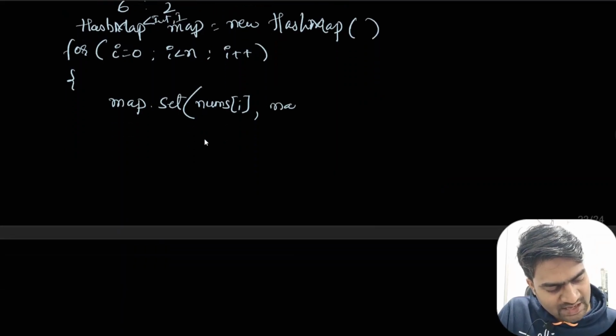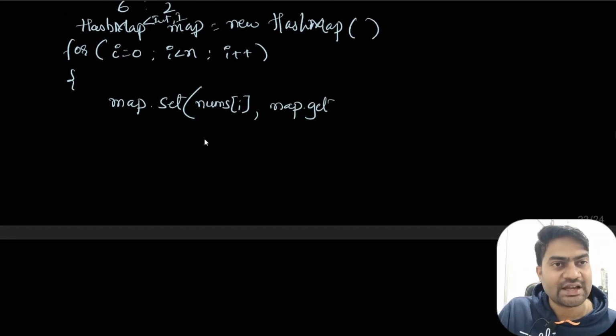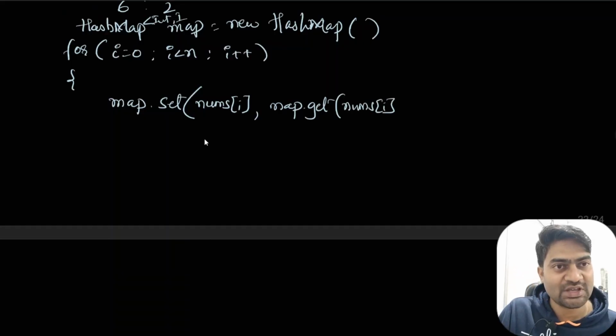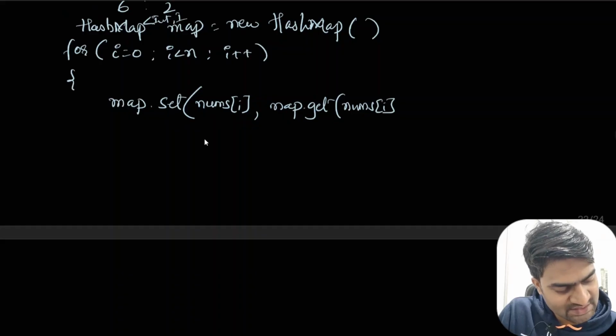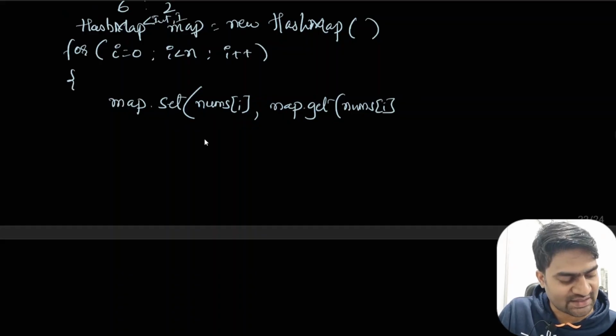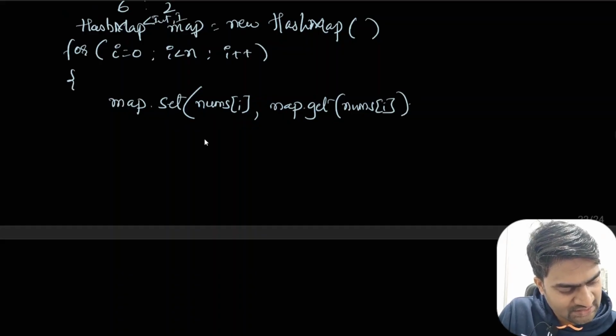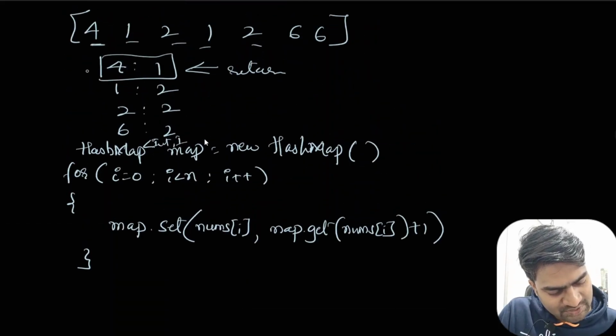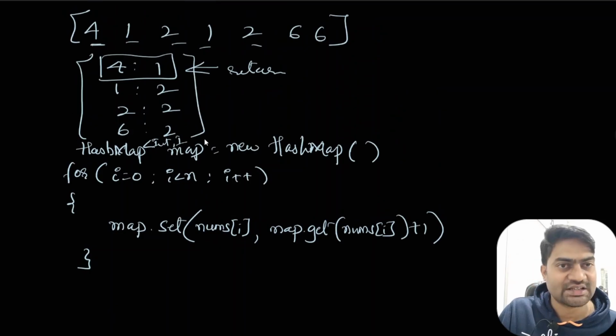Then map dot get in JavaScript and get or default in Java, so you can use that. I will send my nums of i. This will give me the existing count if there is one, or else we consider 0 as the default. Then I'll add 1 to it and set the value. This way it will prepare this hash map for us.